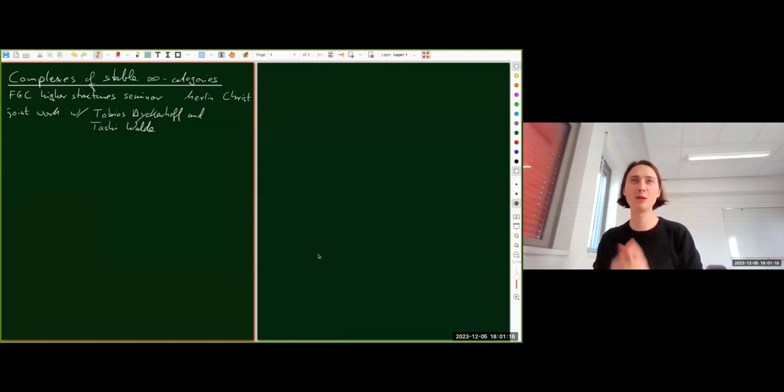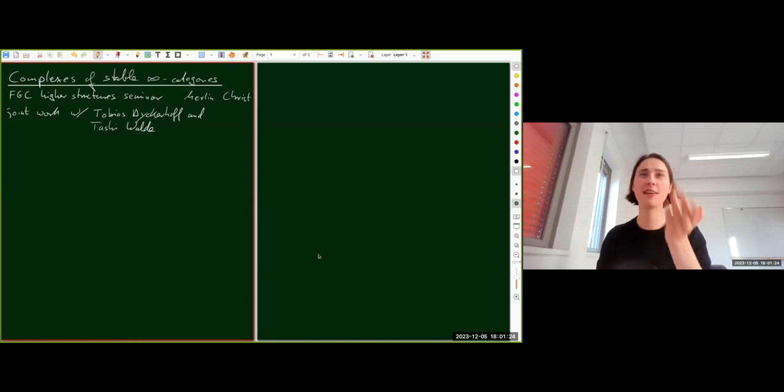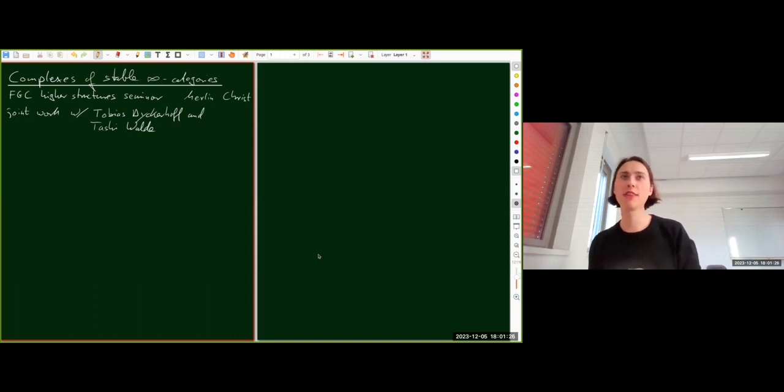The goal of this talk will be to talk about complexes of stable infinity categories. Let me say that this will all be based on joint work with Tobias Dickerhoff and Tashi Walde. The goal is, first of all, to introduce what a complex of stable infinity categories is.